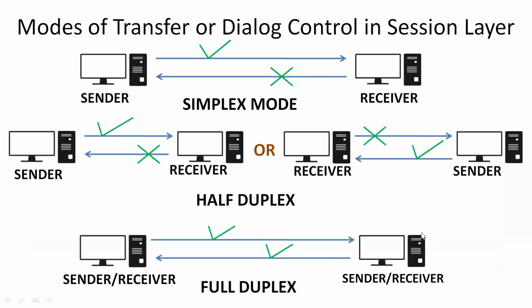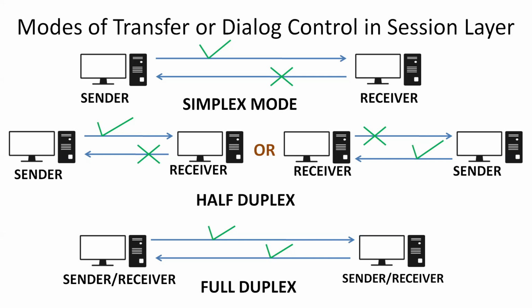Then we have the modes of transfer, or dialogue control, in the session layer: simplex mode, half duplex mode, and full duplex mode. In simplex mode, a device can either send or receive data; here only the sender can send the data but can't receive it. In half duplex, both can't send and receive at the same time.